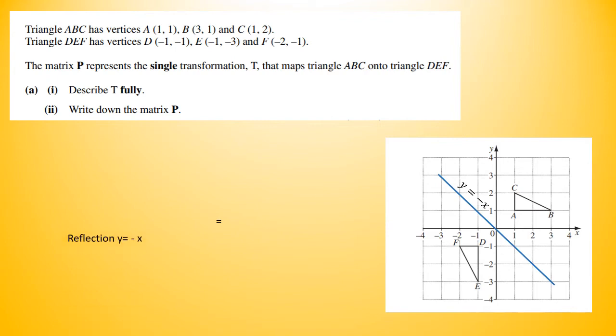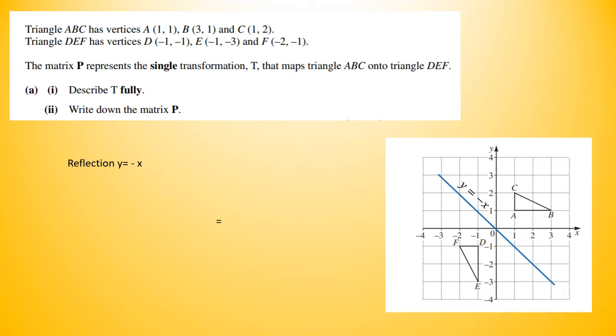So T, which is the single transformation, is a reflection. In simple English, it is the mirror image along the line y equals minus x. A reflection is always along a straight line, which takes the form y equals mx plus c.